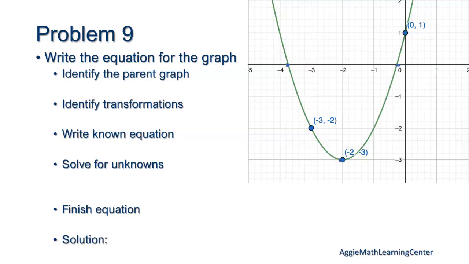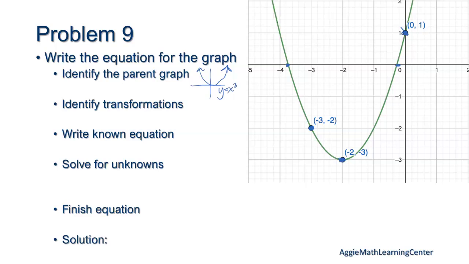I also see that I know the vertex. I know this point that appears to be one x unit to the left, and I know the y-intercept. So thinking through what we know about parabolas, I'm going to remind us a little bit. The parent graph, as we know, was centered at the origin.